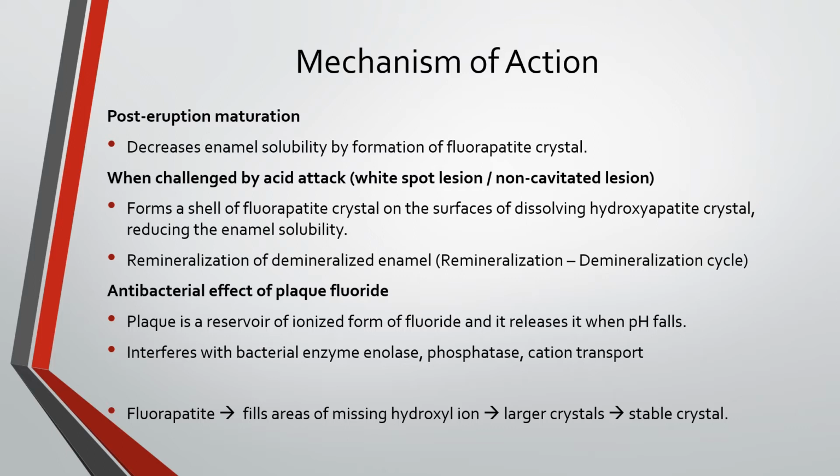Fluoride itself interferes with bacterial enzymes like enolase, phosphatase, and the cation transportation, and thereby disrupts the bacterial metabolism, and therefore it has a bacteriostatic effect also. So this is all that happens when you do topical fluoride application on a tooth.